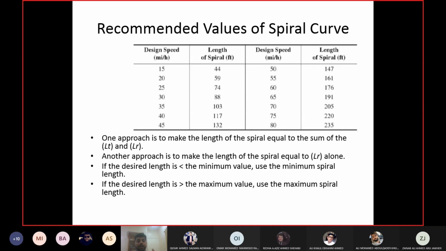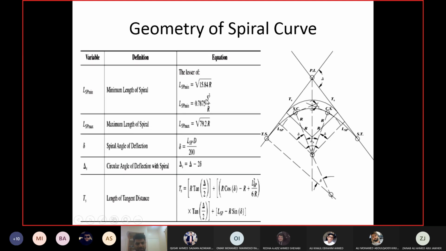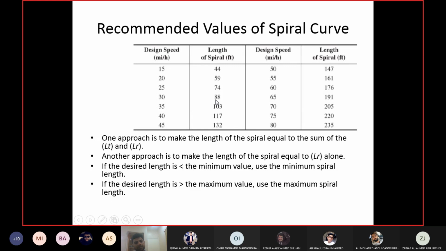Also allowed if, again, it is within the range of minimum and maximum. Or third option is put LSP equal to LR, super elevation runoff. So LT will happen on the tangent and super elevation runoff will happen on the spiral curve. All these three options are allowed.